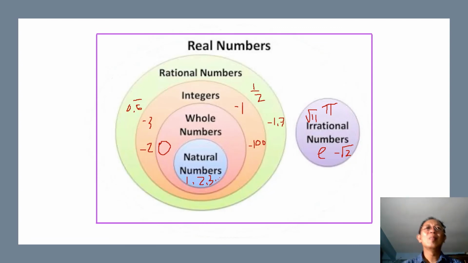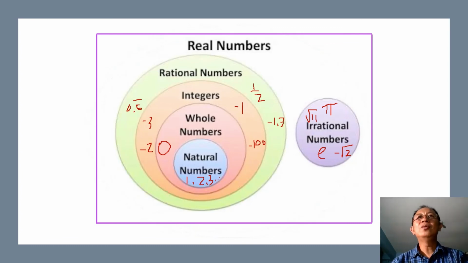Yan. Mga non-integers yan. Negative 6, 1/2, negative 1.7, negative 1.3 lang pala to. Ayan. Mga non-integers sila. Non-integers are rational numbers. They are not integers, kasi ang integers nasa loob lang ng malaking circle ng integers.